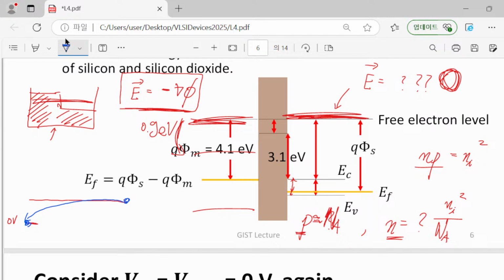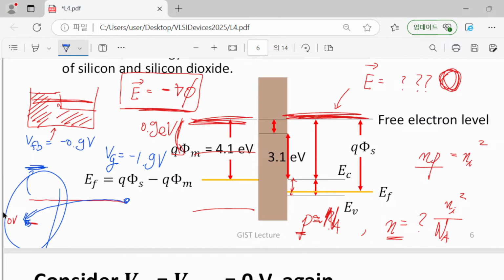For example, the flat band condition happens to be minus 0.9 volt, but you apply a gate voltage equal to minus 1.9 volt. In this case, your metal energy is no longer going downward, but goes upward. You will have an energy band diagram having this kind of curvature.